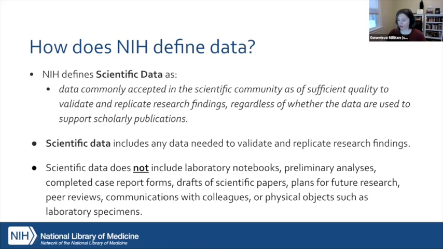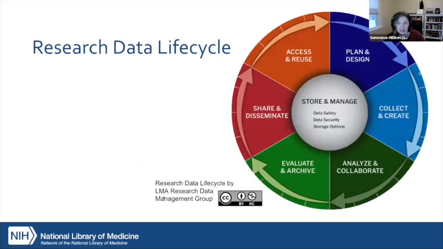So regardless of the data type, it is likely that data will go through some type of process. So irrespective of that data, it'll likely go through the research data lifecycle. So I'm sure a lot of you are familiar with this model, but basically it's a heuristic model for understanding the steps of the process of scientific discovery, and this is what we call research.